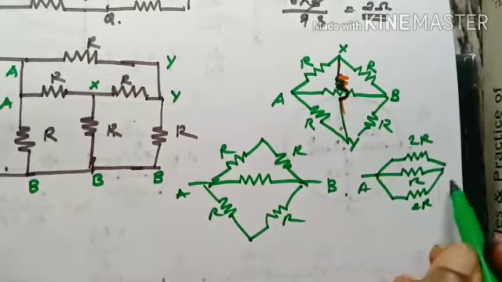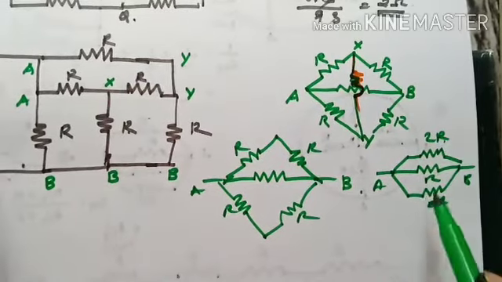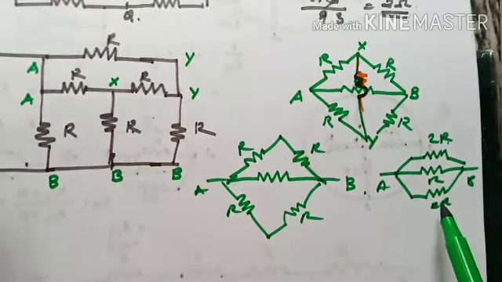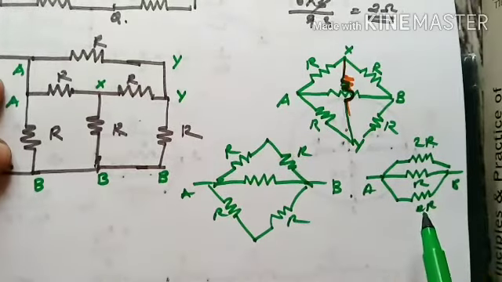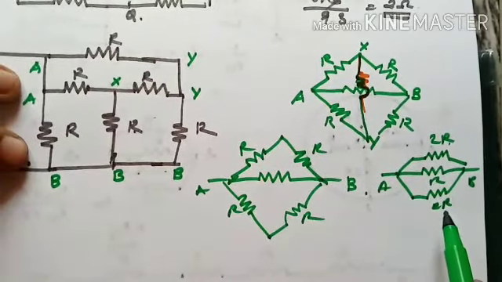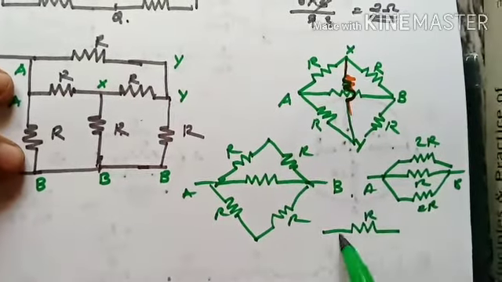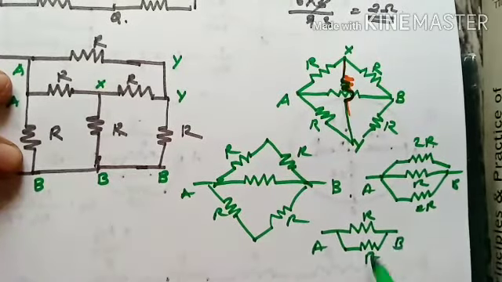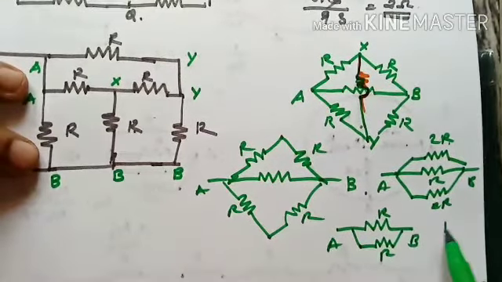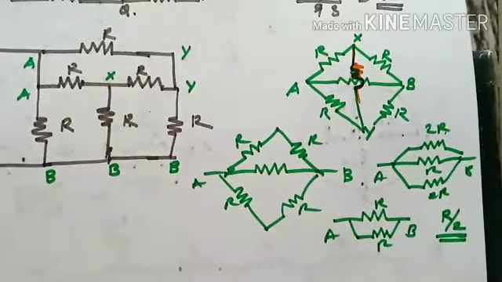This is A and B. Now 2R and 2R are in parallel, so it becomes R, since same values in parallel are divided by 2. 2R by 2 becomes R. Then this is R and this is R, between A and B. R and R are in parallel, so the resistance becomes R by 2. That's your answer. Clear? Right.